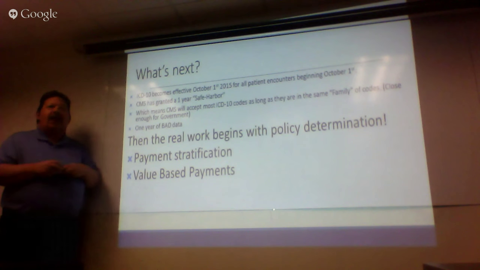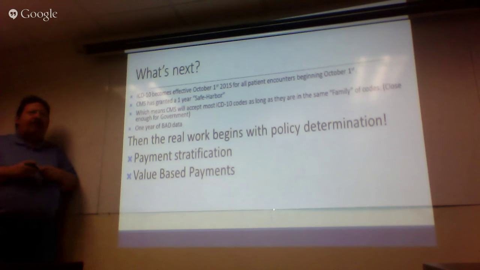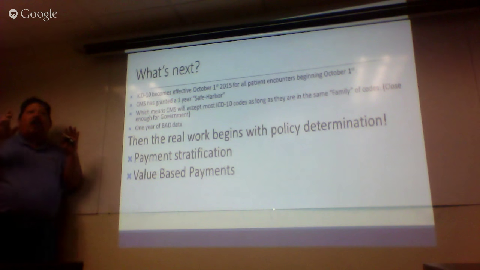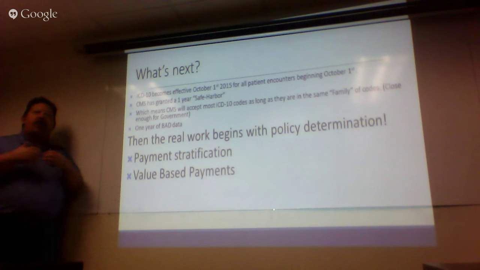Everybody hear of value-based payments, value-based programs, value-based purchasing with Medicare? That's another part of what ICD-10 is all about. When we hear value, what they really mean is quality. Quality care. When doctors report certain diagnoses and certain procedures that they do, they're considered to be high quality service.